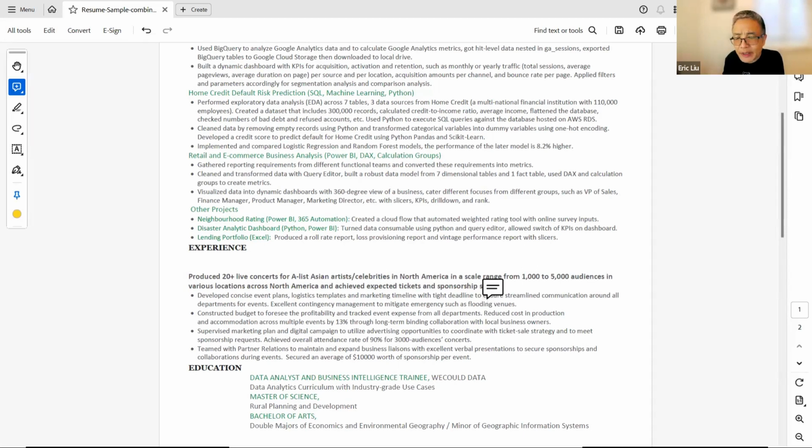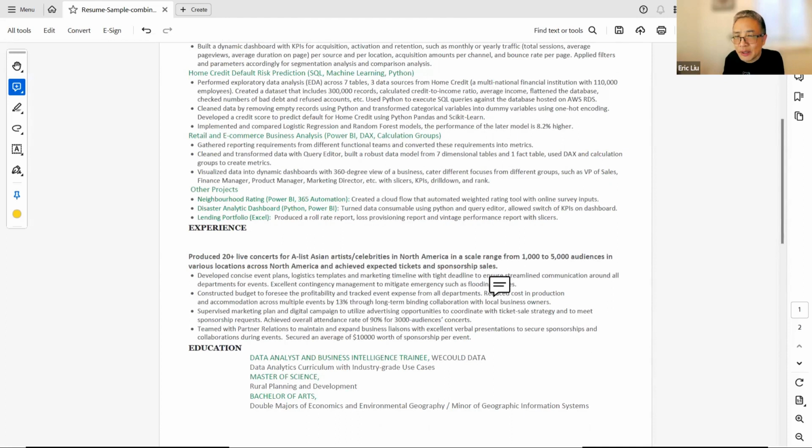But very quickly, we knew what happened. COVID hit and she had to shut down the business. So this was her limited experience and it's less relevant, but it's her experience. She still put it on the resume, but with no priority, almost at the bottom.